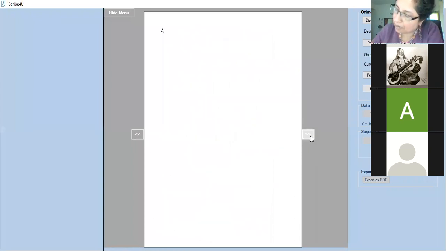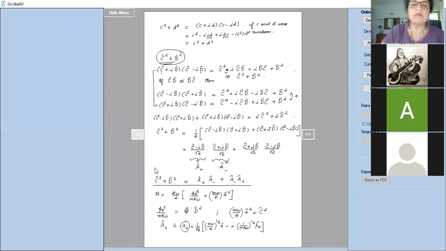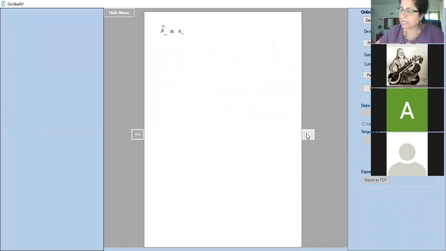Your a minus, which I also define as a minus, is going to be, let me have a look at what I have written over here. It is going to be c plus id by root 2, right? So it is going to be nothing but c plus id by root 2.